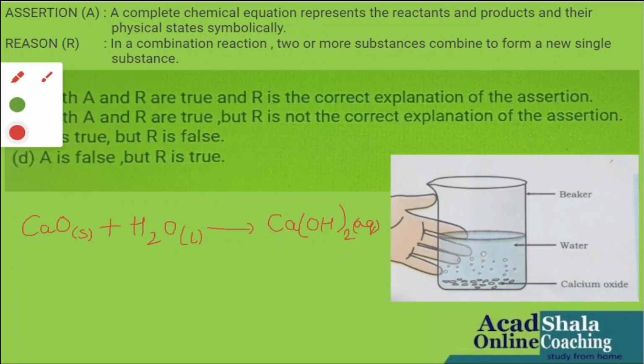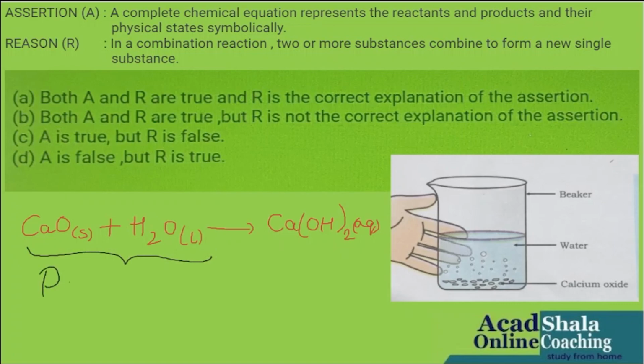And what is on the left hand side? Reactant. I'm just taking one example, and there are many examples, you know it, children. And on the right, product. Whenever we see any equation, we always know that on the left hand side we have reactants, on the right hand side we have products, and the abbreviations, that is the physical states, are always indicated in the bracket.